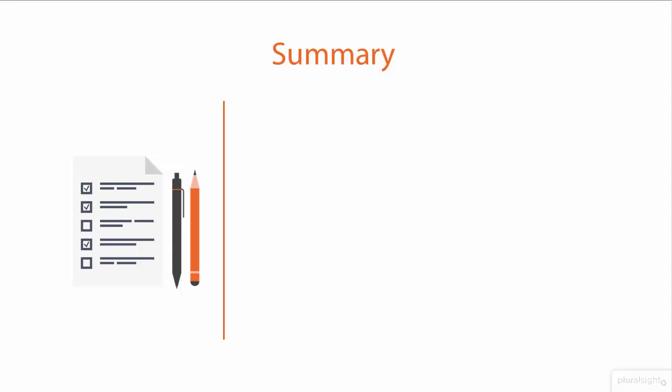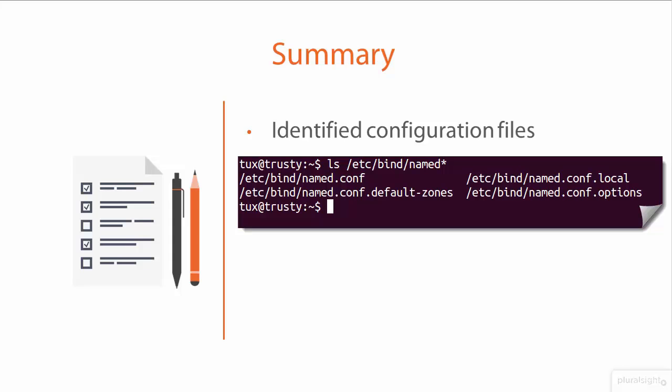As we've gone through this module trying to gain some level of understanding about the terms and behavior of our DNS server, or our BIND server as we've been looking at, we've identified the location and the types of configuration files that we have. On our Ubuntu system, we've seen that they're in /etc/bind.